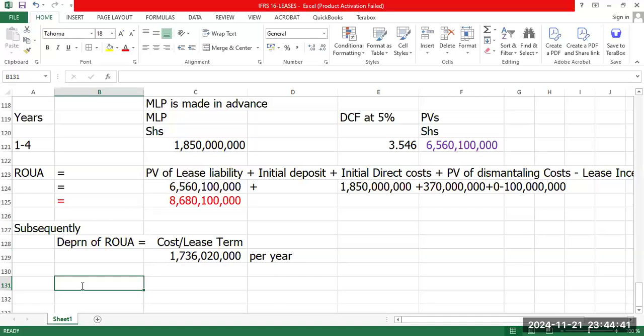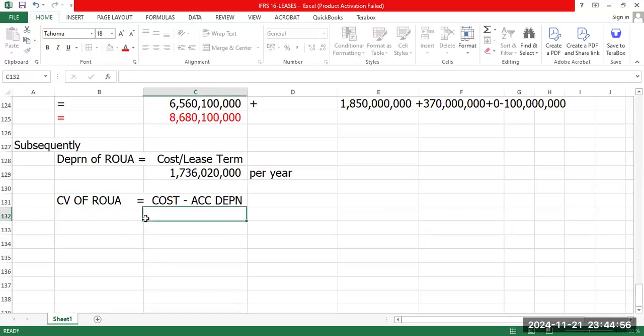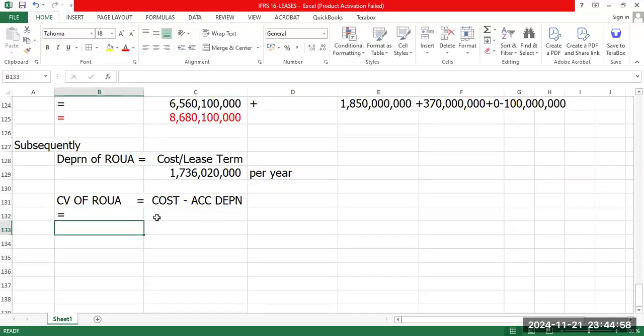Then what is the carrying value of right of use asset? It is equal to the cost minus accumulated depreciation. And the cost is of how much?